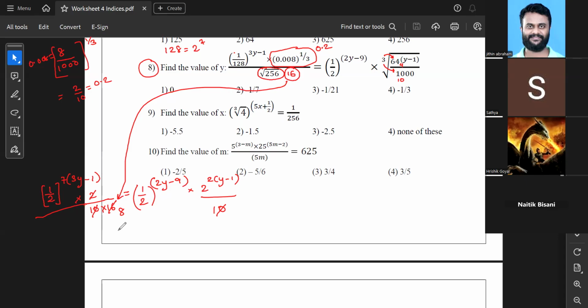Yes, Rishik, tell me what's your doubt? Sir, you wrote 1 by 2 whole raised to 7 bracket 3y minus 1. Can you write the 2 below, under the divide sign, like you wrote in the 0.2 one?